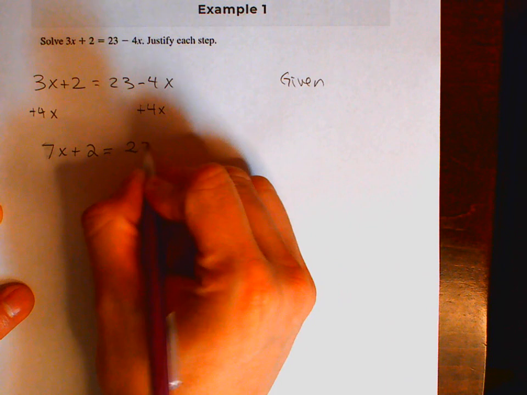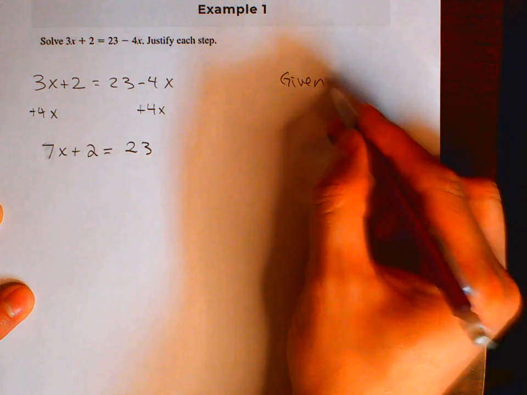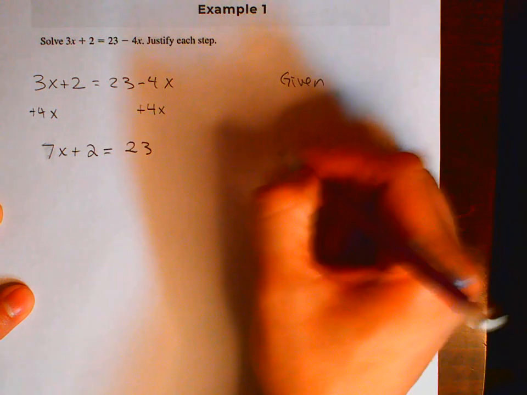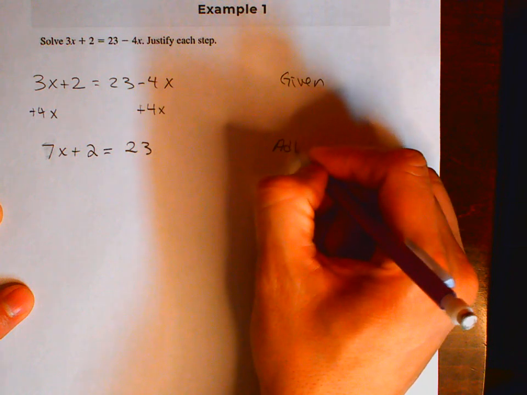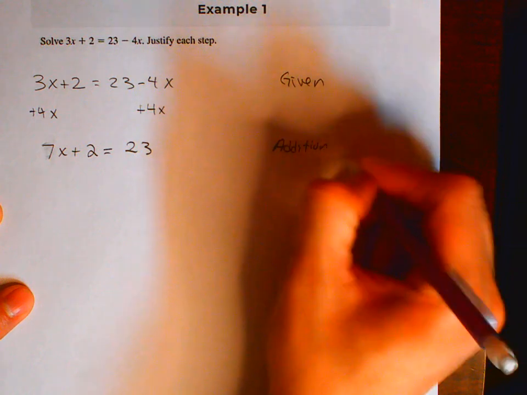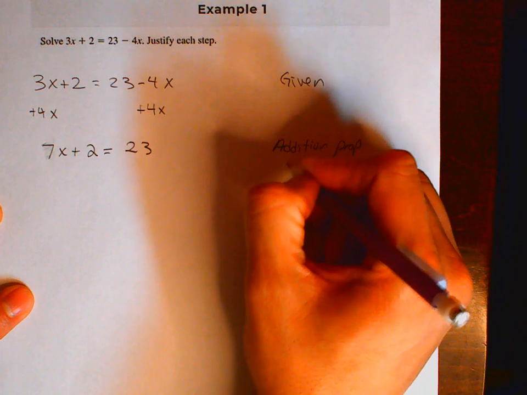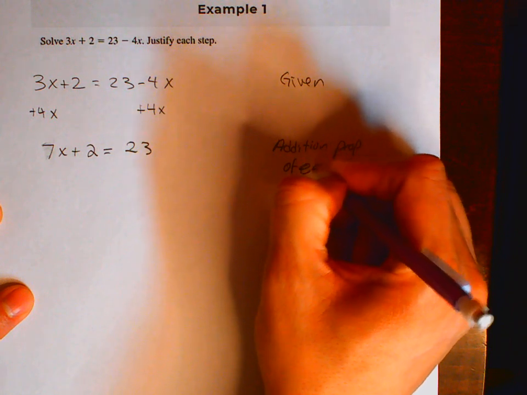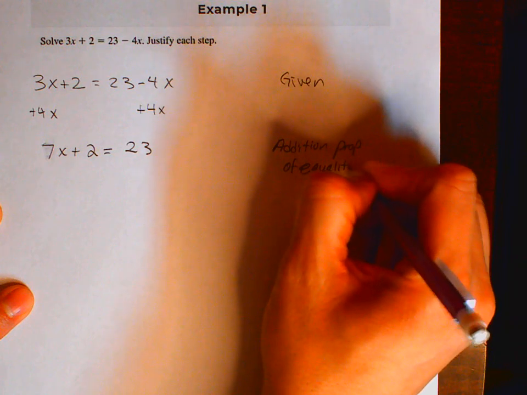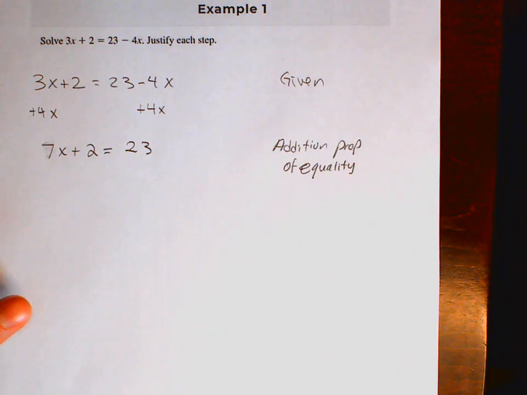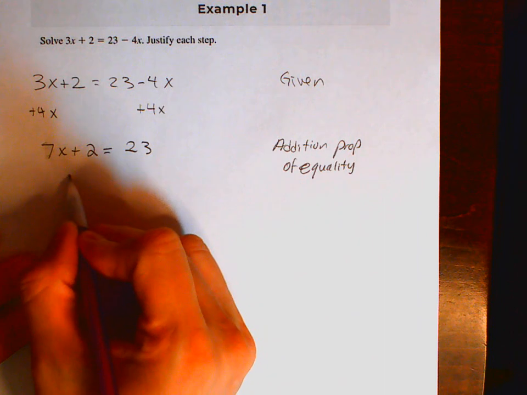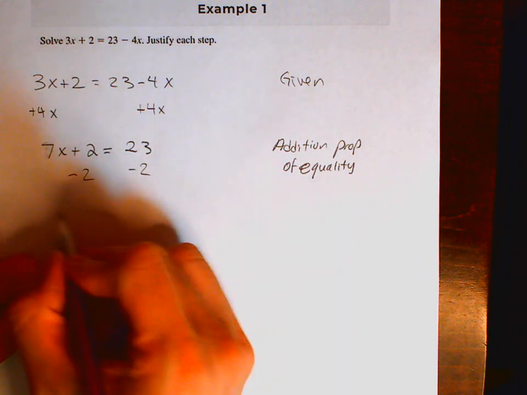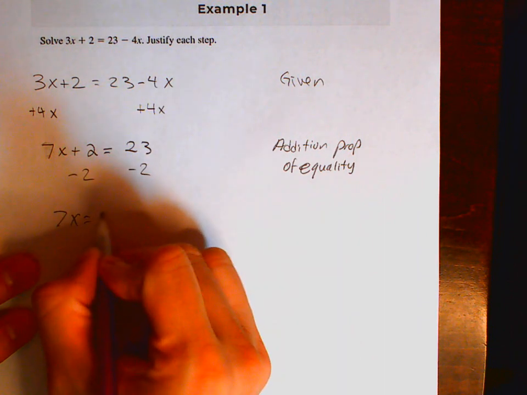So what did I do from this step to the next step? I used the addition property of equality. Now the next step is going to be to subtract 2. And I get 7x equals 21.